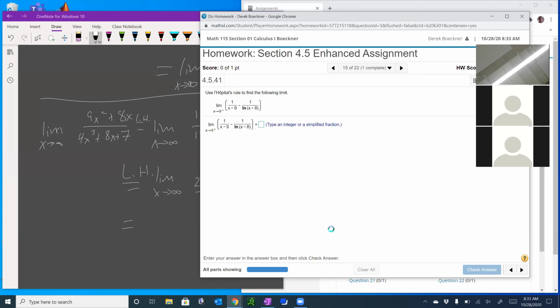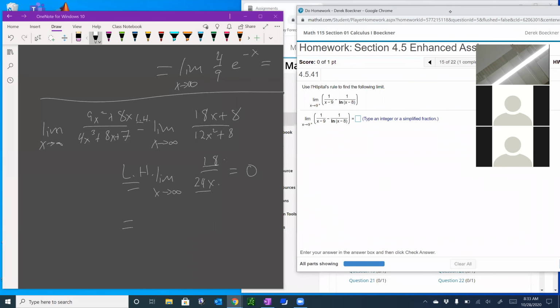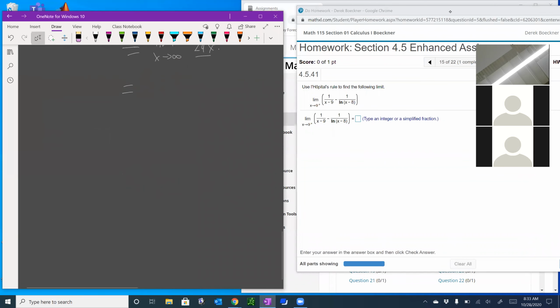Okay. This is one where we get to use the e to the x thing again. So let's look at this. Right now this looks like infinity minus infinity, right?